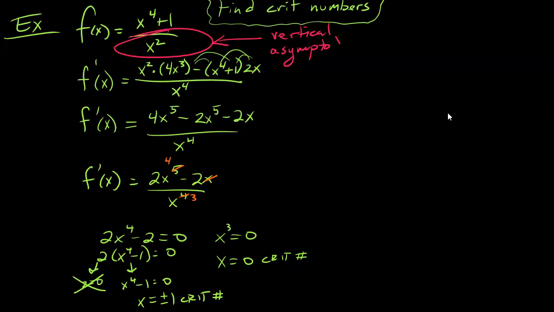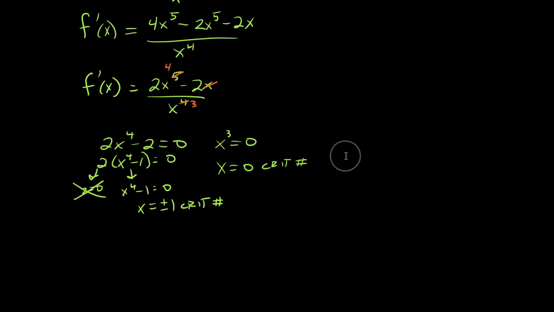So this is what I was trying to tell you when I was trying to say every critical number isn't going to be an extrema. Because we have a critical number that's a vertical asymptote. And it's called a critical number because your graph does change directions before and after it.